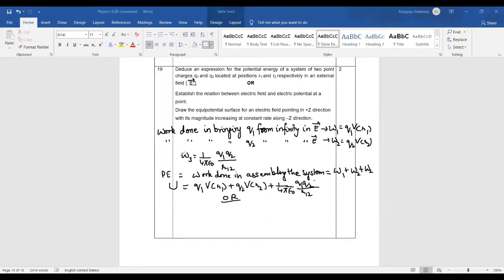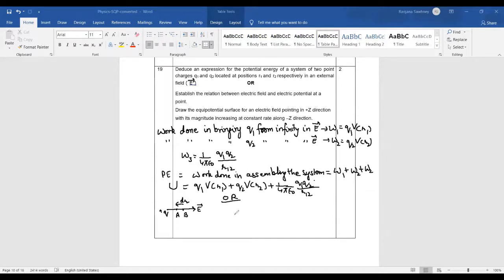The choice part is establish the relation between electric field and electric potential at a point. Okay, let there be a charge plus Q, and due to this charge, the electric field is pointing away. Let us consider 2 points in this electric field, and our test charge moves through a distance dr opposite to the electric field.